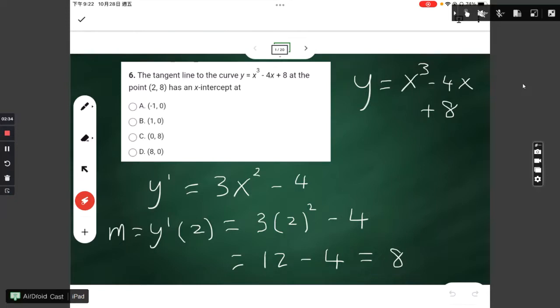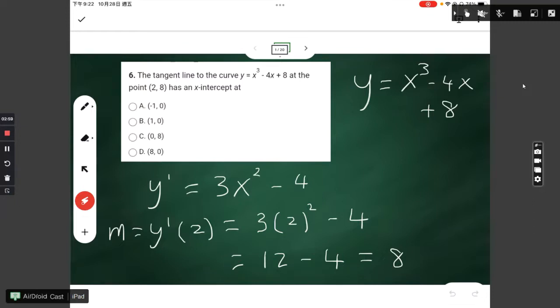All right, and m is the symbol for slope. As I said, the slope is the first derivative evaluated at this point, so the first derivative evaluated at x equals 2. We're going to do a substitution, substituting 2 in for x.